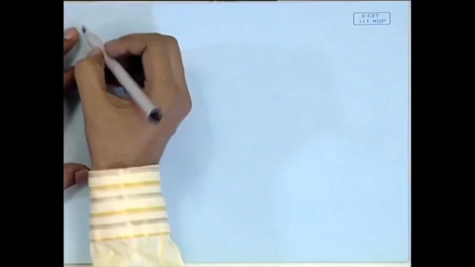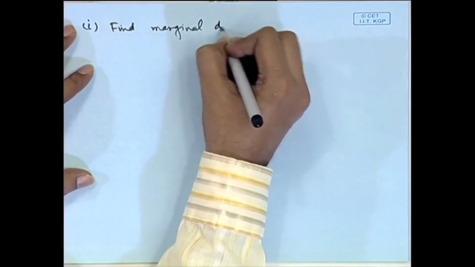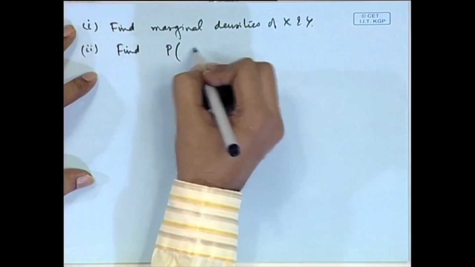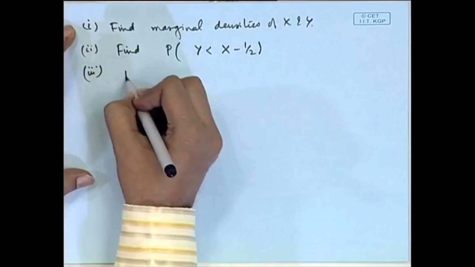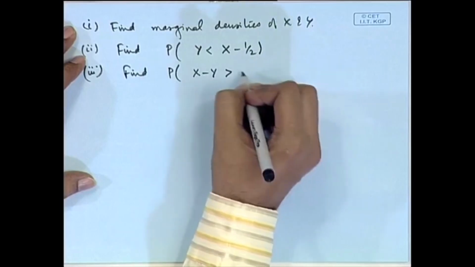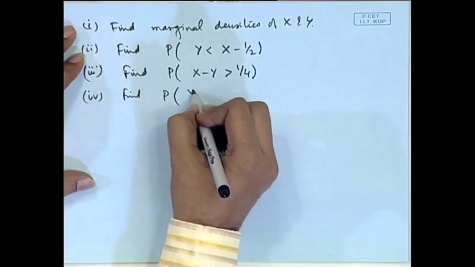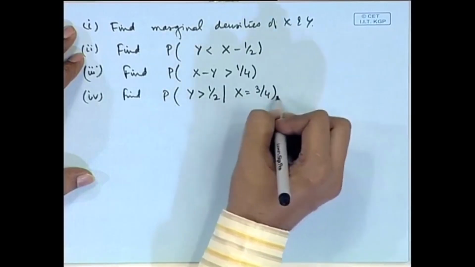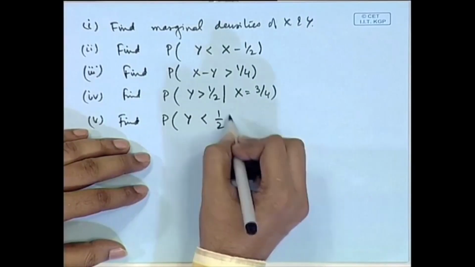So, find marginal densities of x and y, find probability y is less than say x minus half, find probability say x minus y is say greater than 1 by 4, find probability y is greater than 1 by 2 given x is equal to 3 by 4, find probability say y is less than half x, etc.